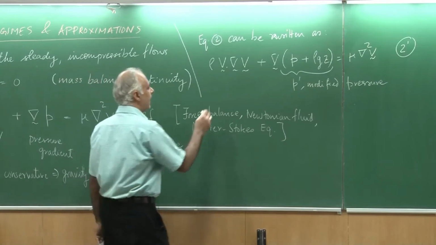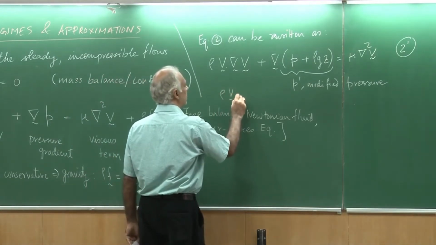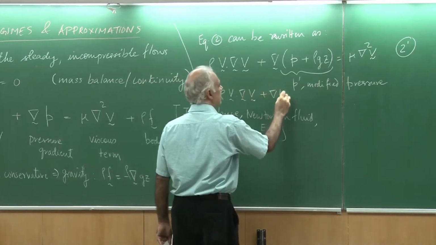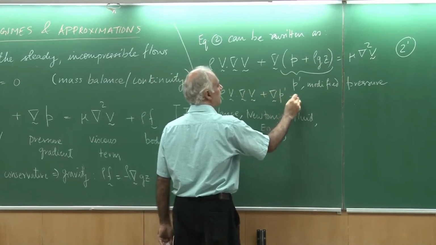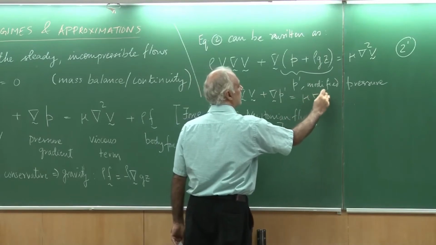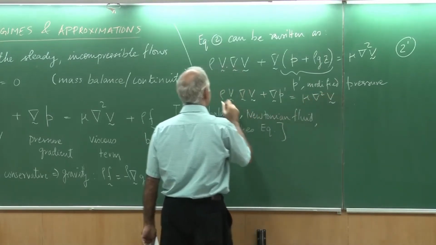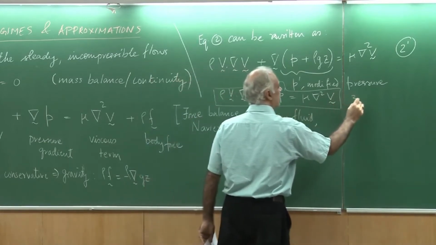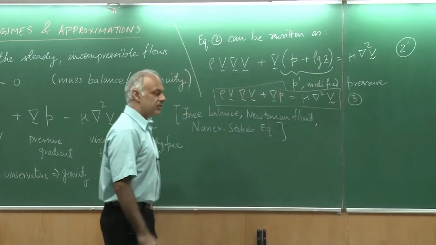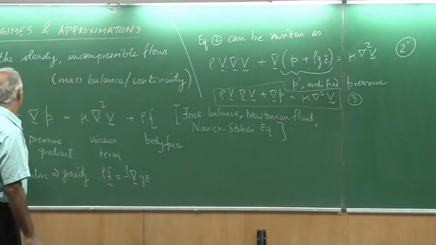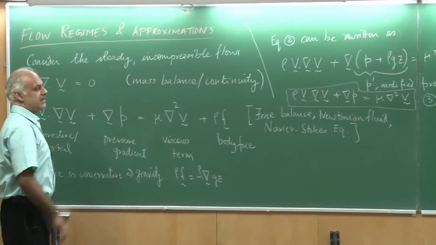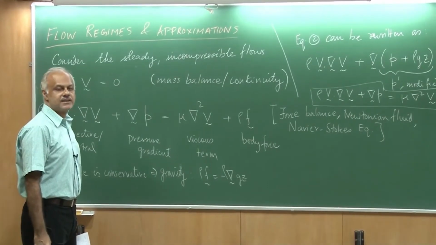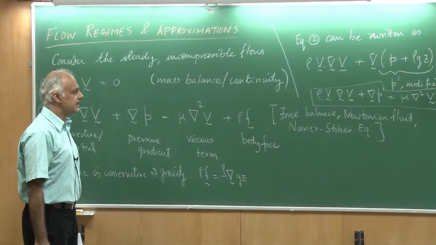So we can now get back rho v dot gradient of v plus gradient of p prime equals mu Laplacian of v, and this equation I can call number 3. So now my flow equations are 1, which is the mass balance, and equation 3, which is the force balance. Okay.